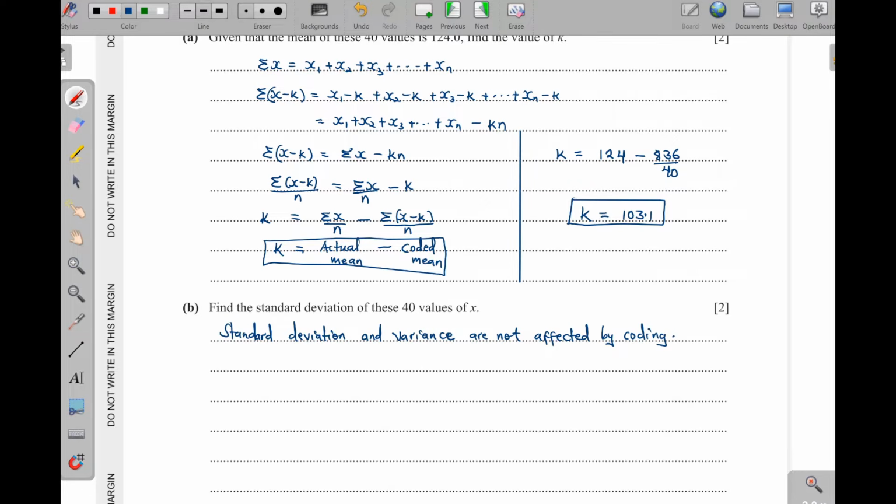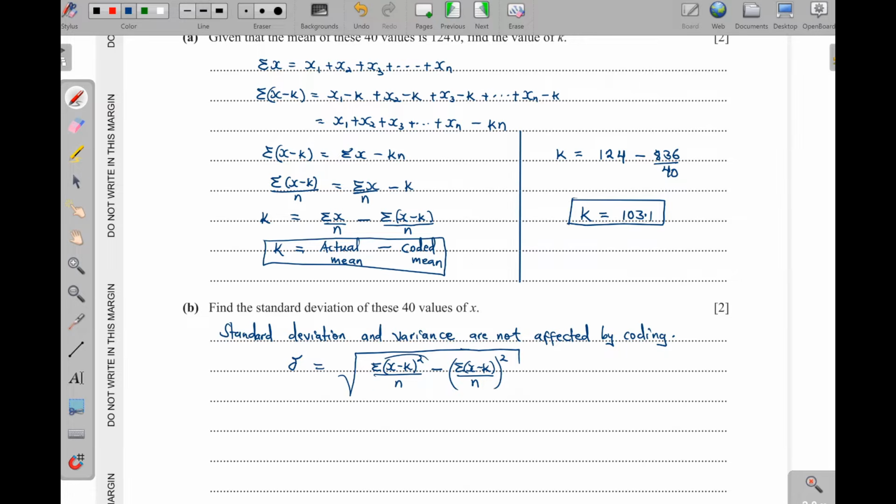So that means if I have standard deviation which is equal to root of, then I use coded data, summation of (x minus k) squared out of n, then minus summation of x minus k out of n, all squared.